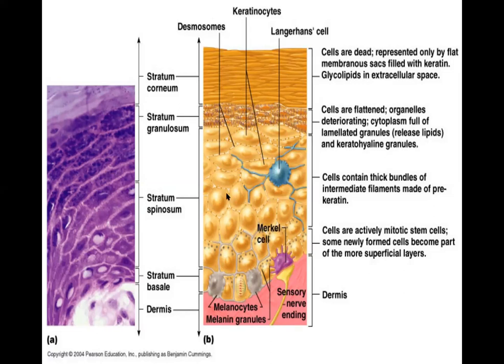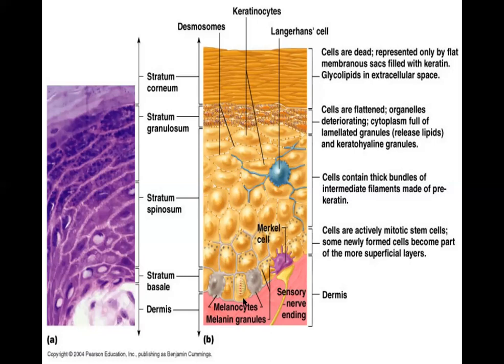They are connected with each other by desmosomes, and the stratum basale cells are connected with the basement membrane by hemidesmosomes. So this type of disease is all about destruction of the desmosome and hemidesmosome.